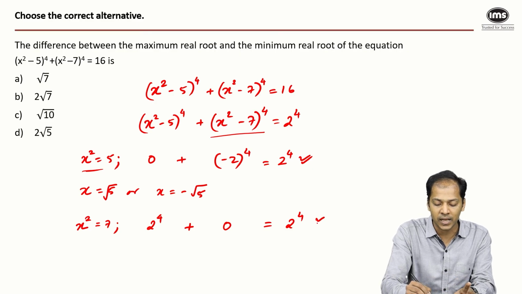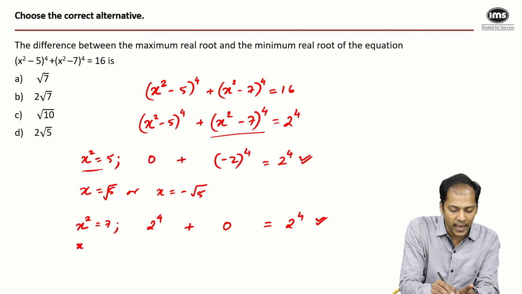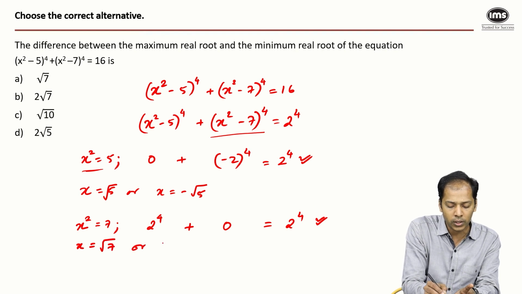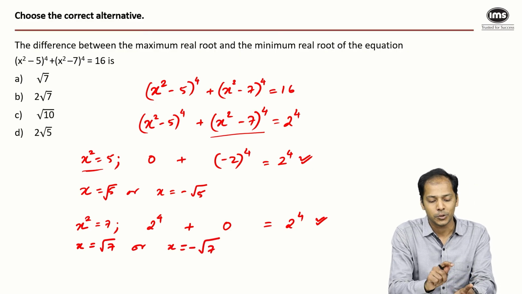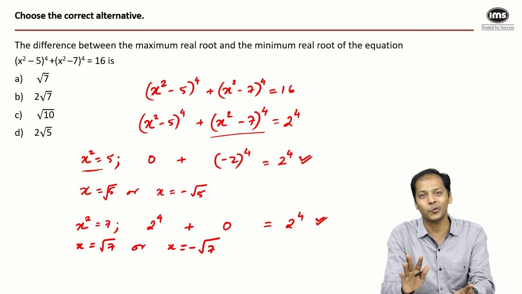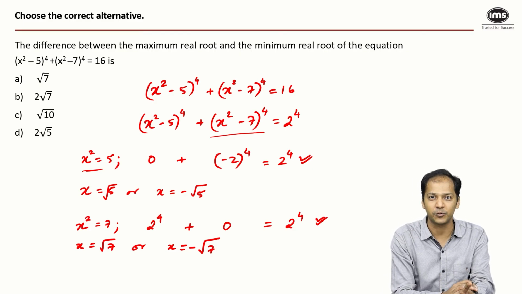So the equation is again getting satisfied at x² = 7, and therefore x will be equal to √7 or x = -√7. So I've already found 4 real roots of the equation by smartly taking values.